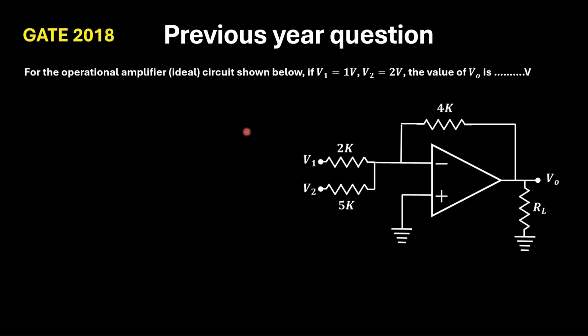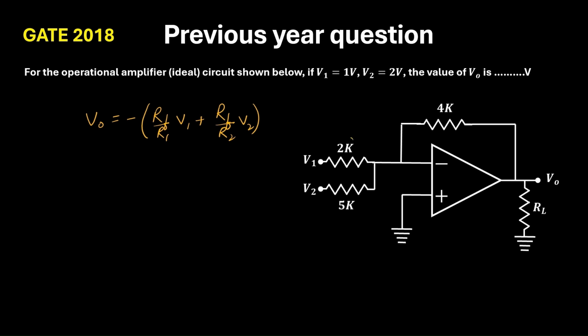Now, this question was asked in GATE 2018. We are given a summing amplifier with inputs V1 and V2. V1 is given as 1 volt, V2 is given as 2 volt. And we have to find the output V0, measured across the load resistor RL. Now, we know the formula of V output, that is minus RF by R1 V1 plus RF by R2 into V2.